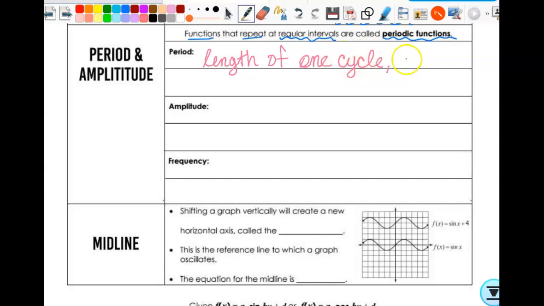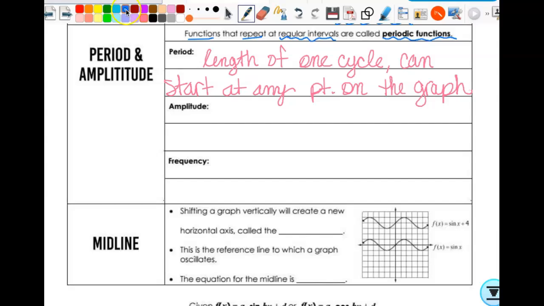And it can start at any point on the graph. Most of the time, we started at 0 because it's easier to count that way, but we don't have to start it at 0, and I'll show you that once we get there.